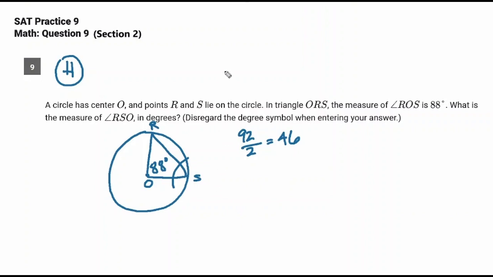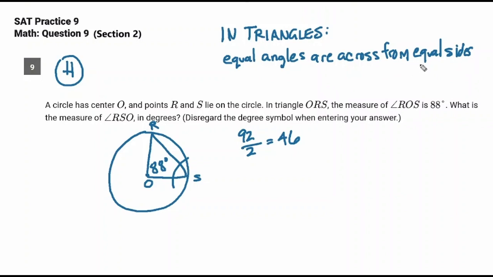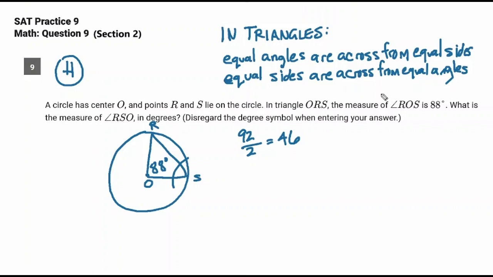Something that comes up in SAT land a lot is that in triangles, big angles are across from big sides, small angles are across from small sides, and equal angles are across from equal sides. What do you think equal sides are across from?